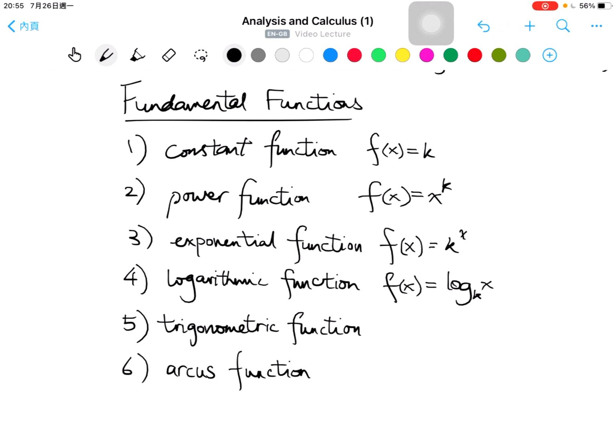Alright. But notice it has to be a finite amount of operations. That means if you're adding a constant function to another constant function an infinite amount of times, then it may not be a fundamental function.